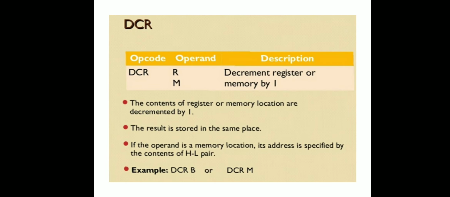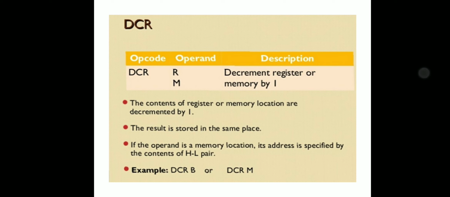DCR. This is used to decrement the register or memory by 1. The content of register or memory location is decremented by 1 and the result is stored in the same place.